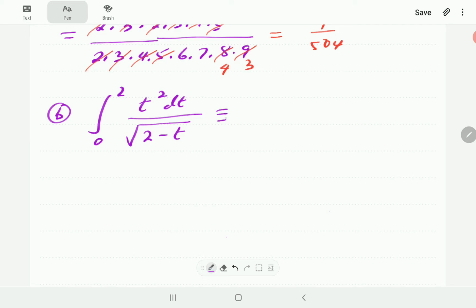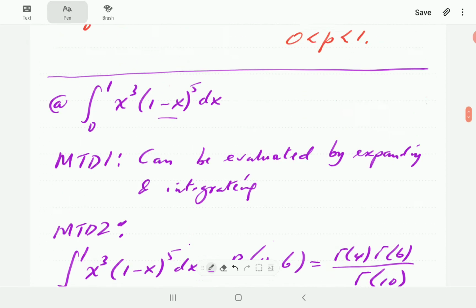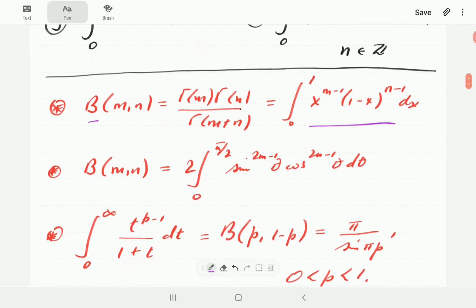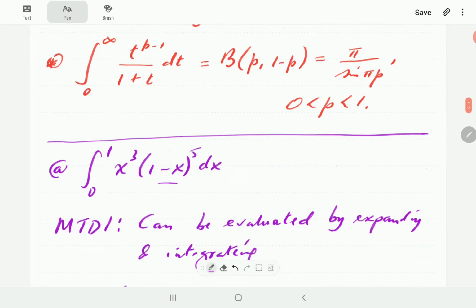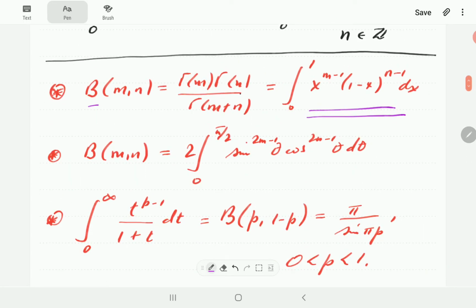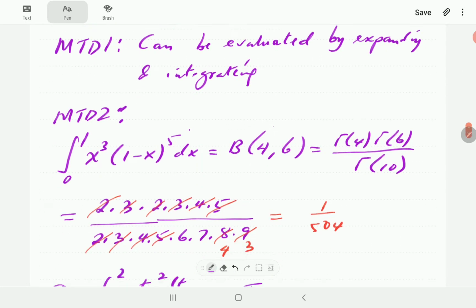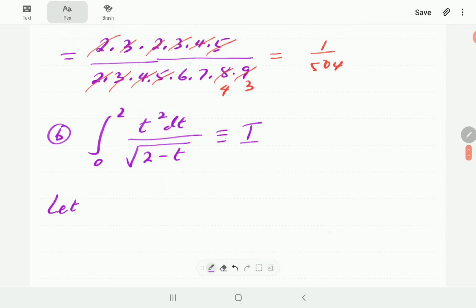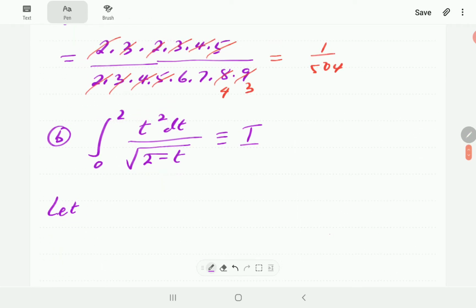So if we let this equal I, just looking at this and comparing it with the standard form, there are two problems we have. Standard form is the integral from 0 to 1, then we have 1 minus x there. So the two problems we have are this limit and these two here.